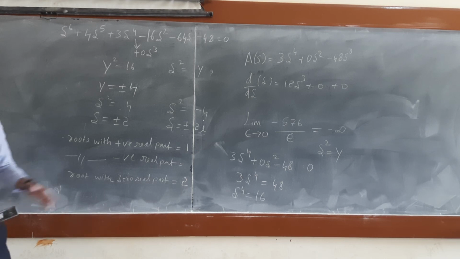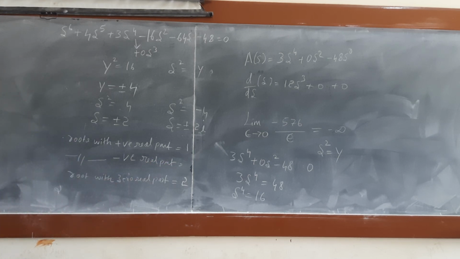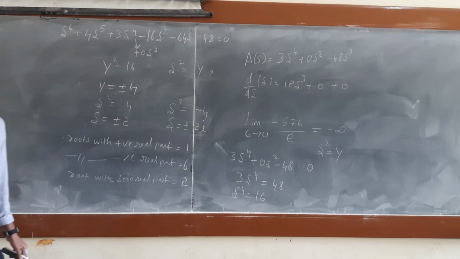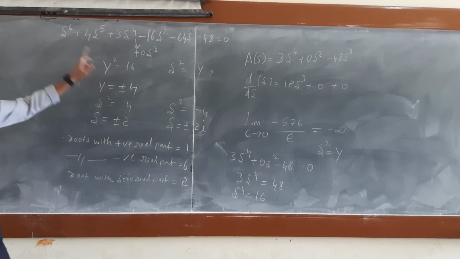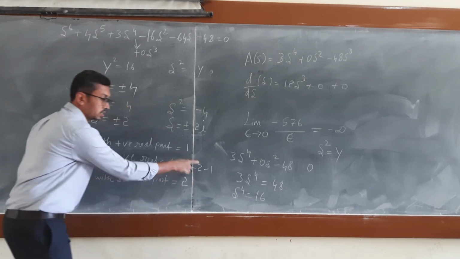So now, as we know, the system is unstable. So now the roots with negative real parts, how many? Totally how many roots do I have? What is the highest power? 6.